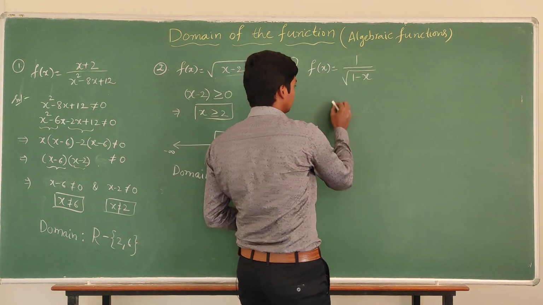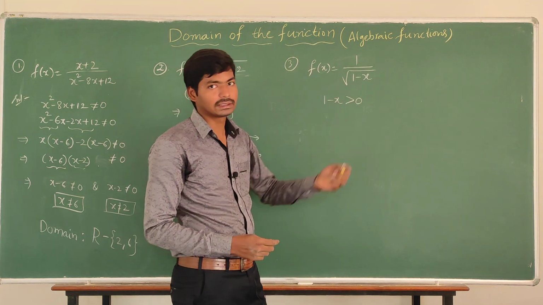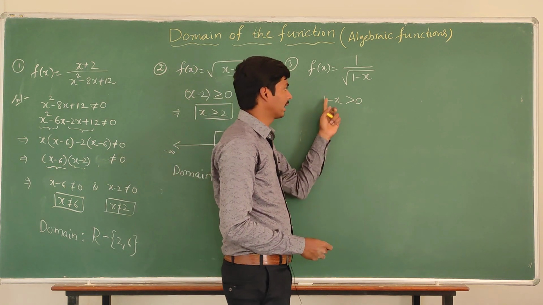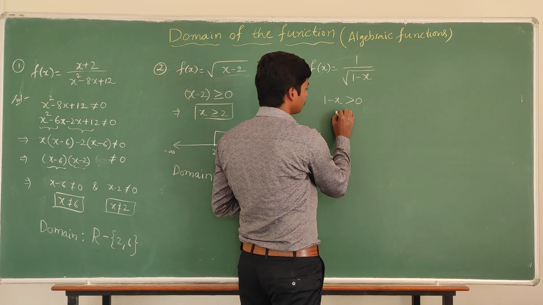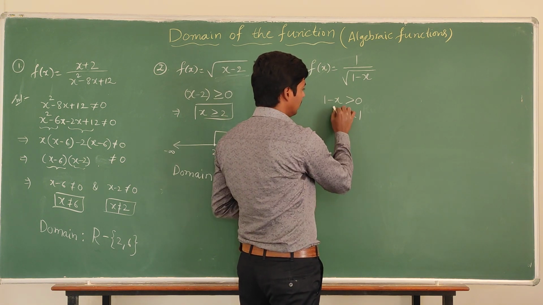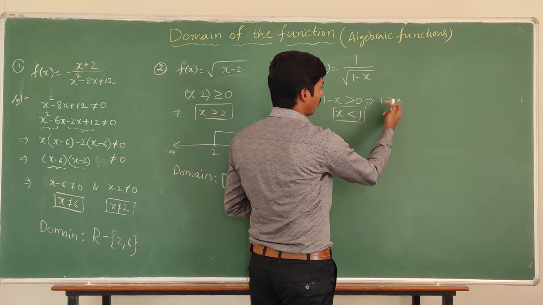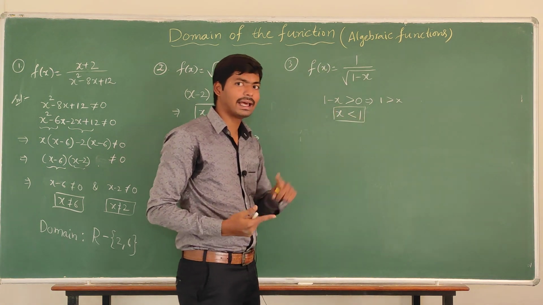If the expression under the root, 1 minus x, is greater than 0, then only my function can be defined. Now transposing x to that side, we get x less than 1. Here 1 is greater than x, which is nothing but x less than 1.